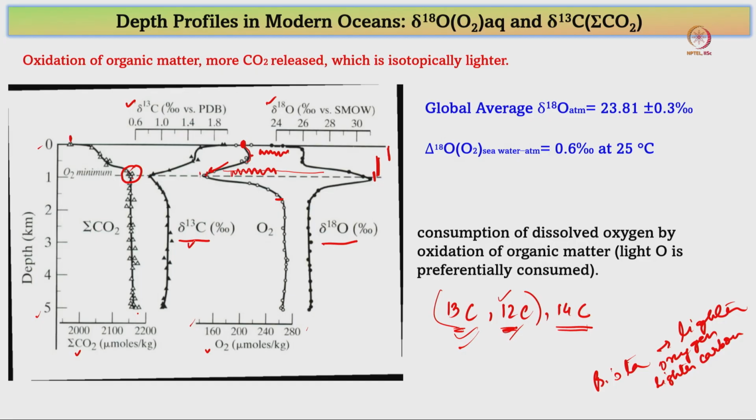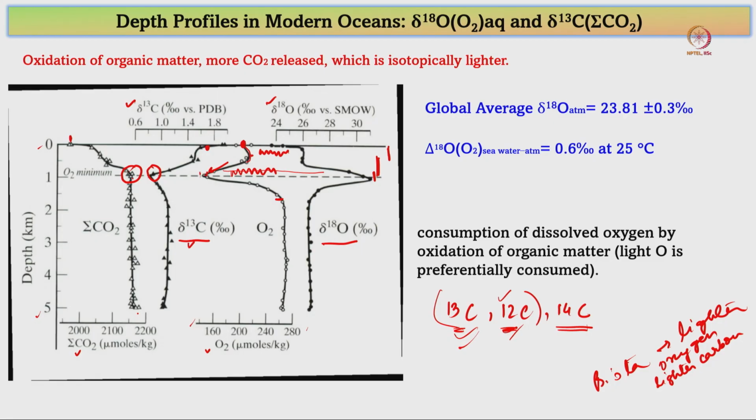Okay. So, if my atmospheric carbon dioxide delta 13C value is this, the new carbon dioxide that is getting produced from the decaying of organic matter has a value that is much isotopically lighter, that means depleted in 13 carbon with respect to the 12 carbon value. Okay.